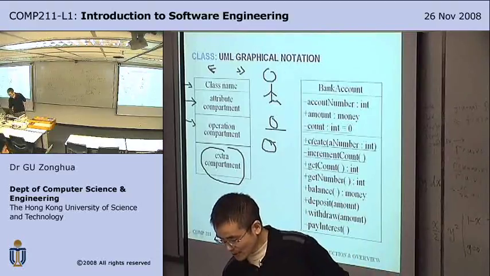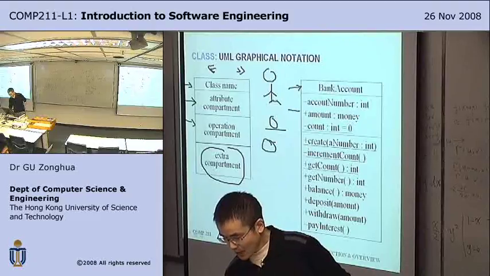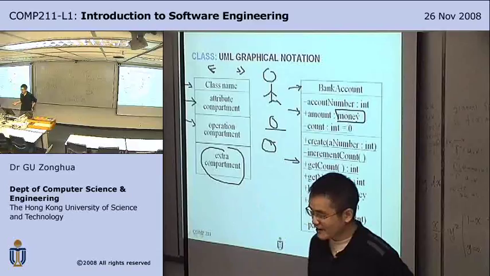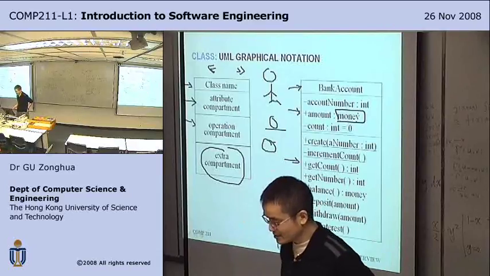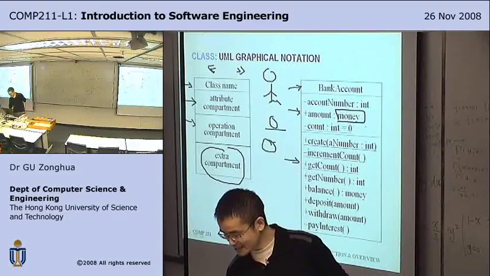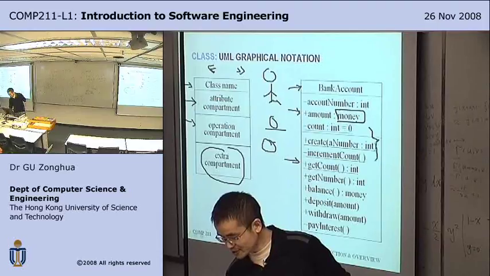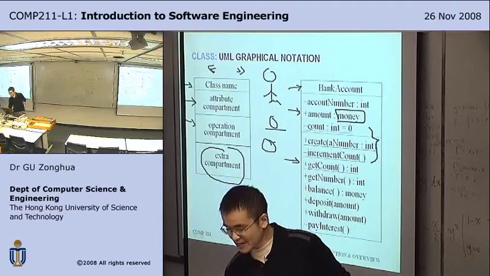So the bank account has a name, bank account, attributes, and operations, private and public. The type could be money, right? It's not a valid computer type, but it's okay in the requirement stage. Also you have class scope attributes and operations with an underline.